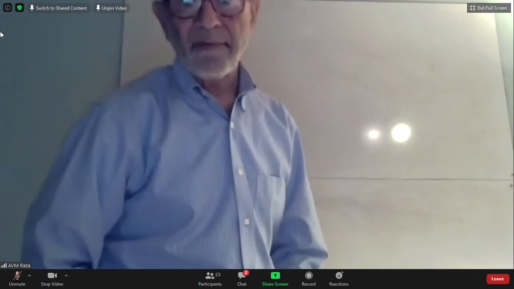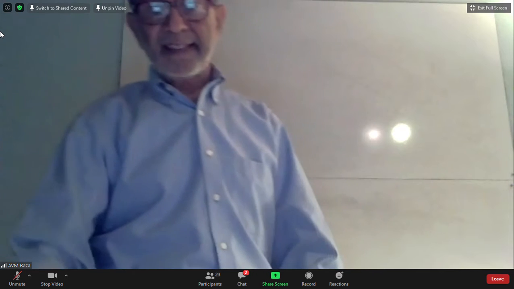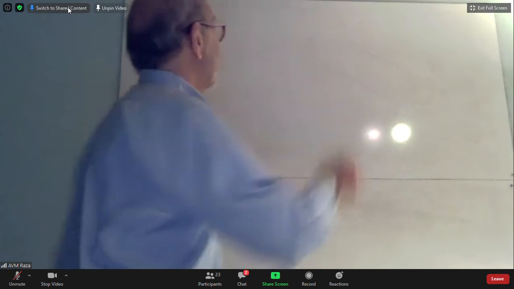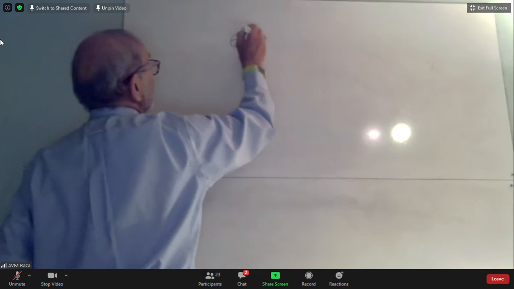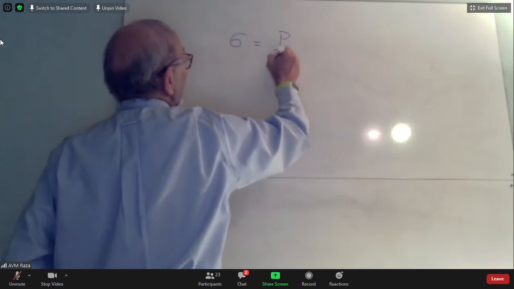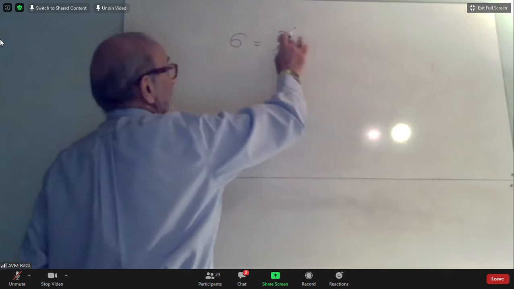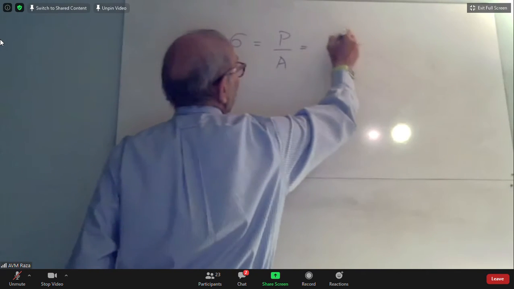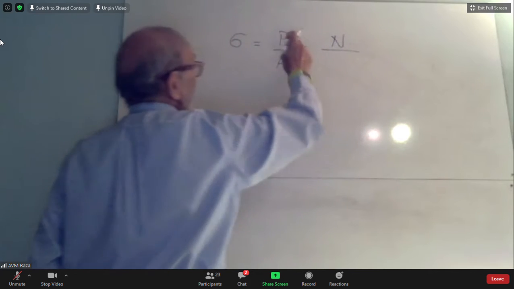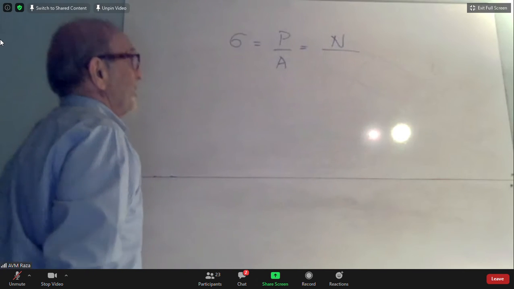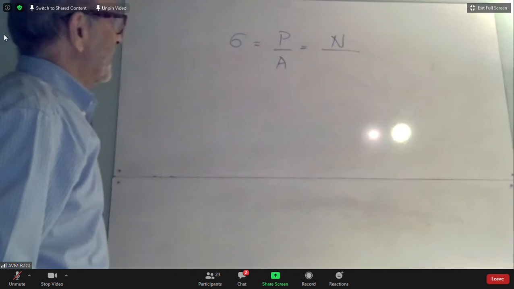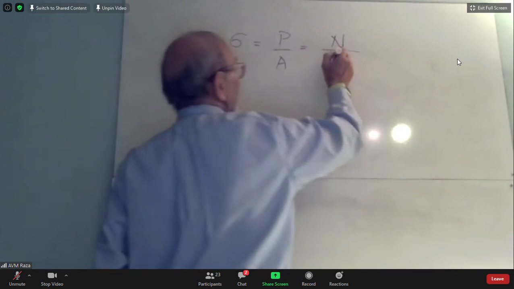By the way, before we go on to the next slide, what are the units of this normal stress? You are defining normal stress by sigma is P over A. If we talk about SI units, then P is measured in newtons, that's the load or force applied, and area is measured in meters squared.